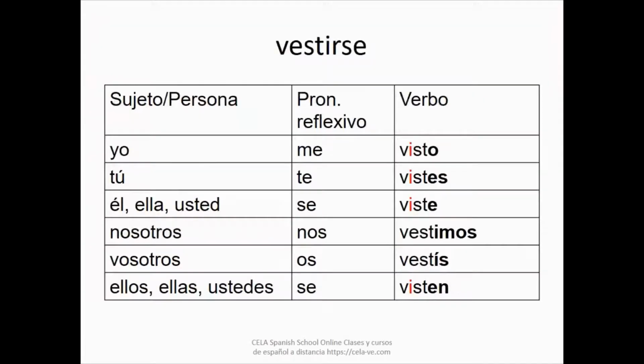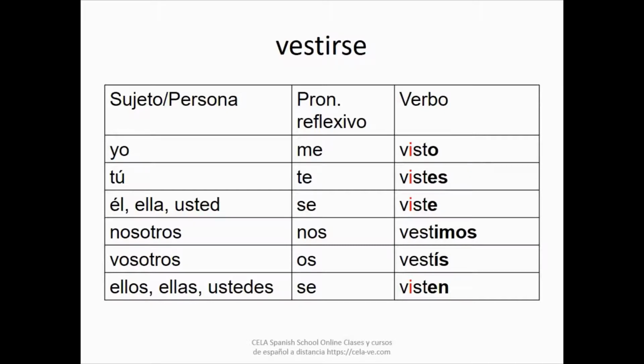These verbs are irregular in the first three persons of the singular and in the third person plural. Here we have the verb vestirse as an example. Vestir ends in ir and has the typical ending for verbs in ir: o, es, e, imos, is, en.